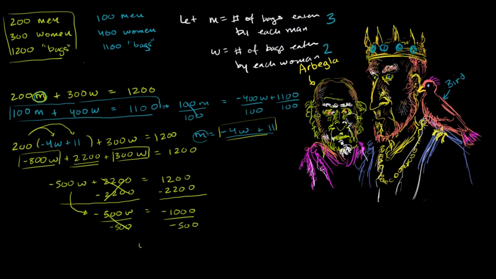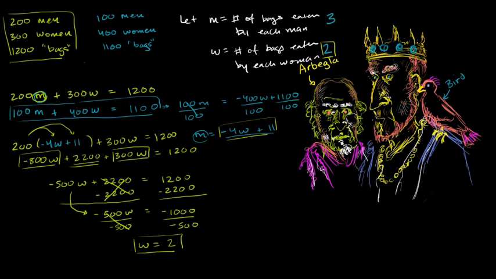we get w is equal to 2, which is the exact same answer that we got when we tried to figure out how many bags of chips each woman would eat on average. When we tried to solve it with elimination, we got the exact right answer. So at least for this example, it seems like the substitution method that this bird came up with worked just as well as the elimination method that you had originally done the first time you wanted to figure out the potato chip conundrum.